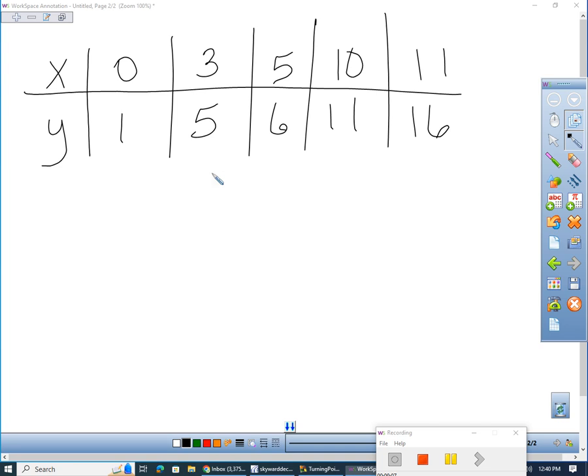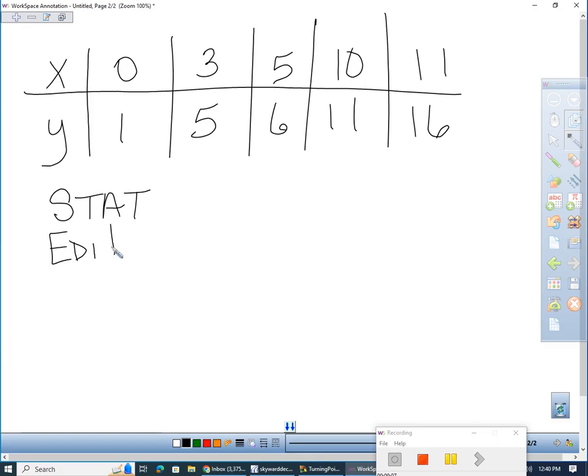All right, so the first thing we're going to do is in your calculator, I want you to hit Stat. The Stat button is right underneath the Delete button. So you hit Stat, and you go into Edit. Okay, so you should have some columns there.